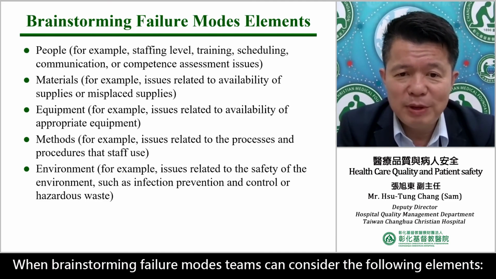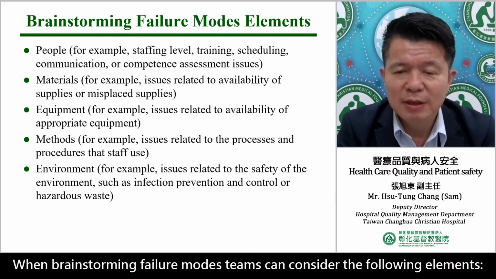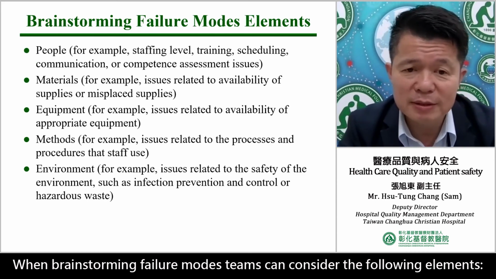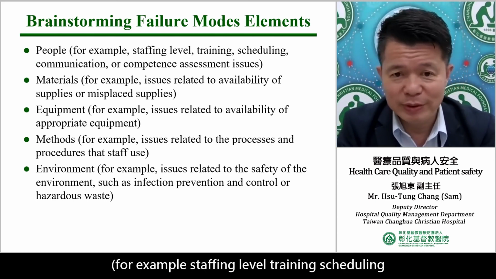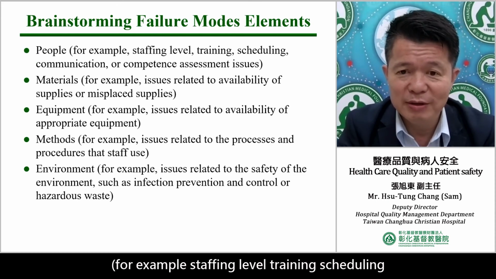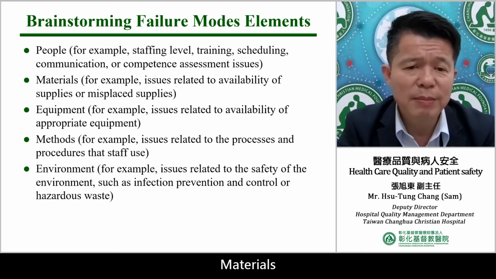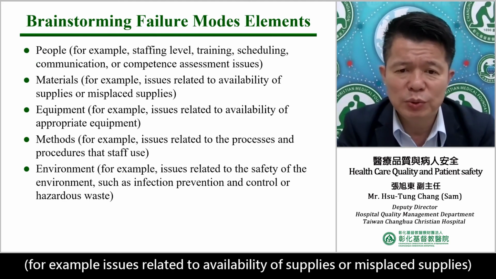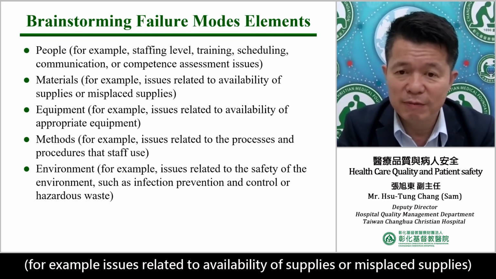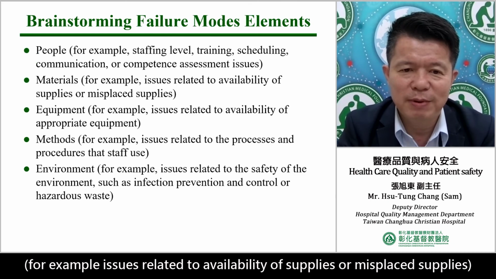When brainstorming failure modes, teams can consider the following elements. People, for example, staffing level, training, scheduling, communication, or competence assessment issues. Materials, for example, issues related to availability of supplies or misplaced supplies.